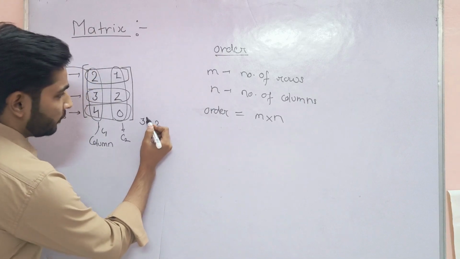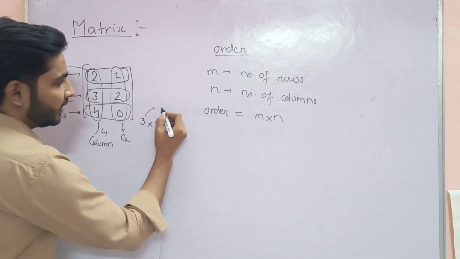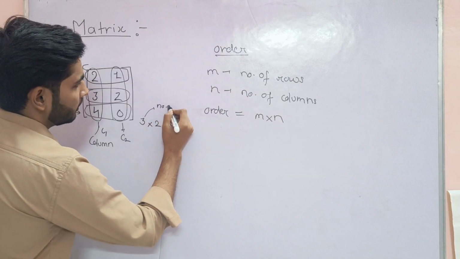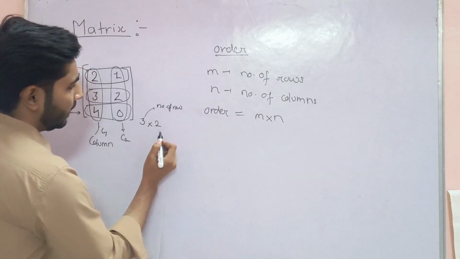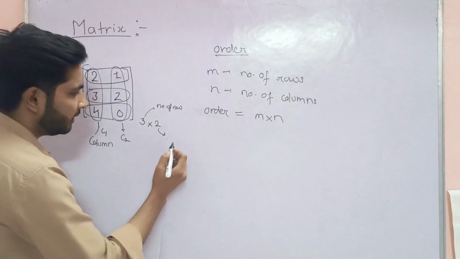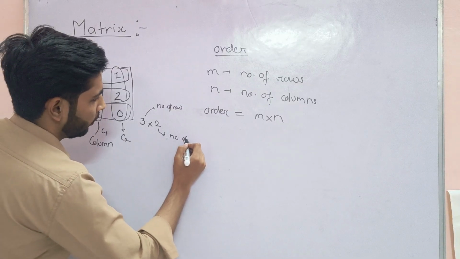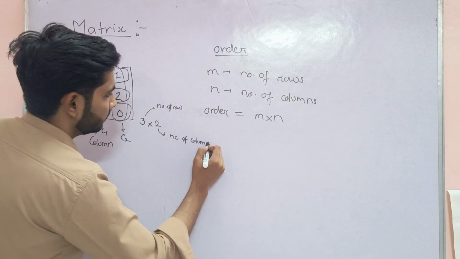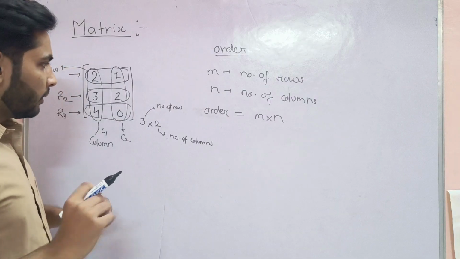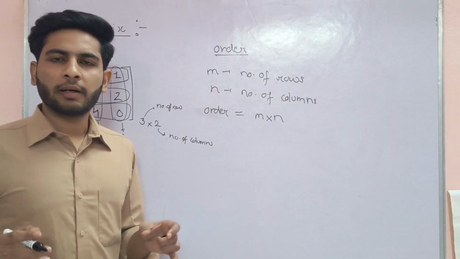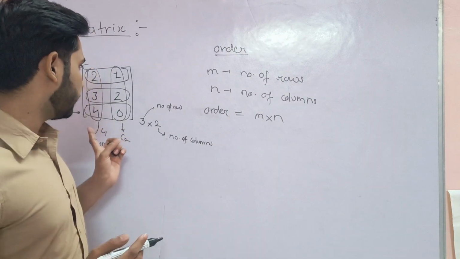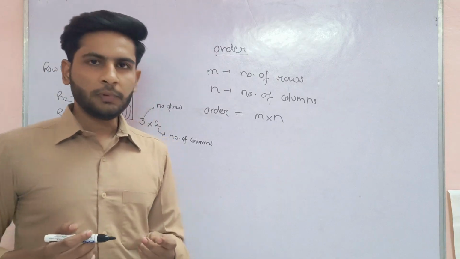And the first element always indicates the number of rows and the second element always indicates the number of columns. So if I ask you one question, what is the total number of elements present in the matrix? So how can you find?